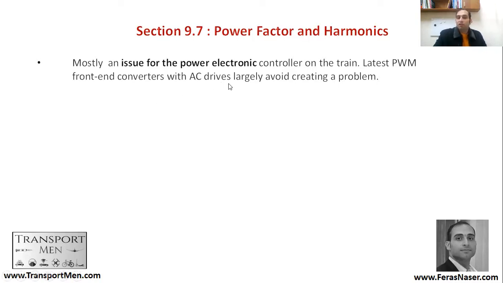With AC drives, this largely avoids creating a problem. What is important is that you remember that power factor issues can happen, and you need to use all the tools necessary to try to reduce them. A power factor of 1 means there are no losses. The lower the power factor is, the more the losses within your network.